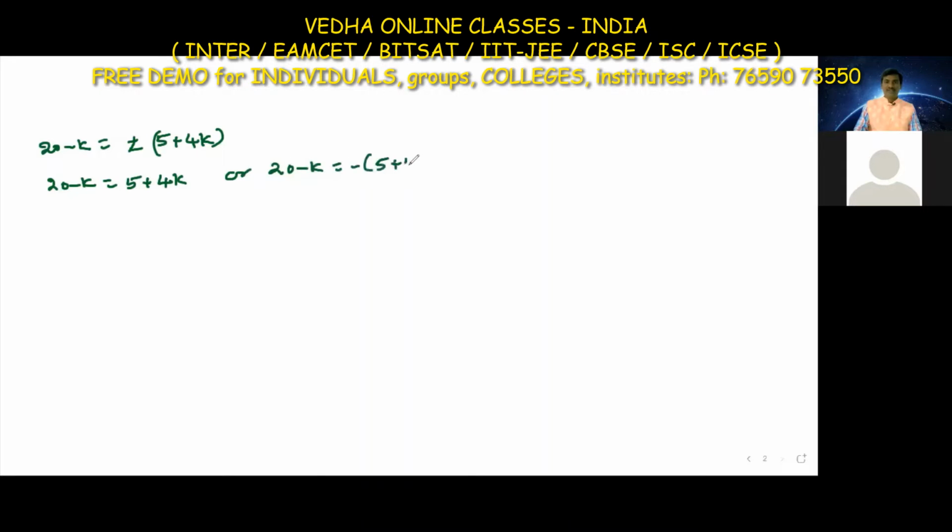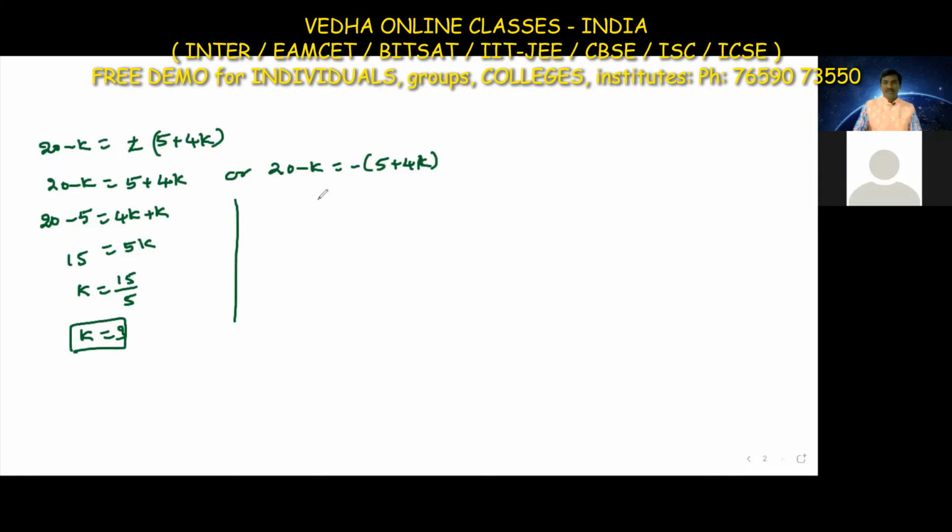Take k to this side and the constant to that side: 20 minus 5 is equal to 4k plus k. 4k plus k is 5k, and 20 minus 5 is 15. So k is equal to 15 divided by 5. The value of k is 3.